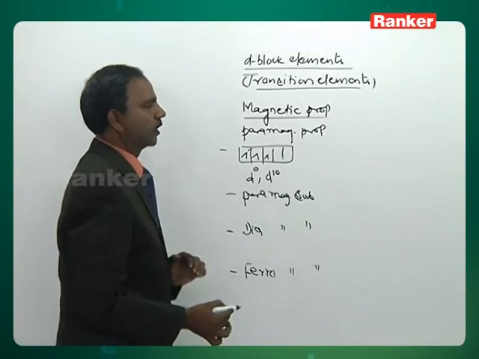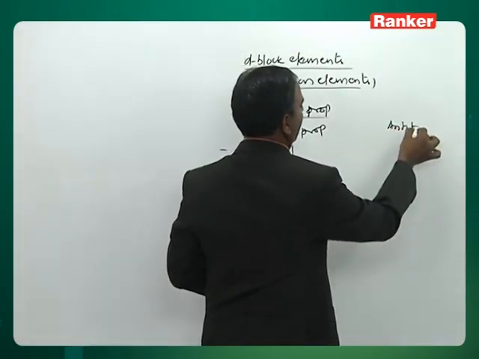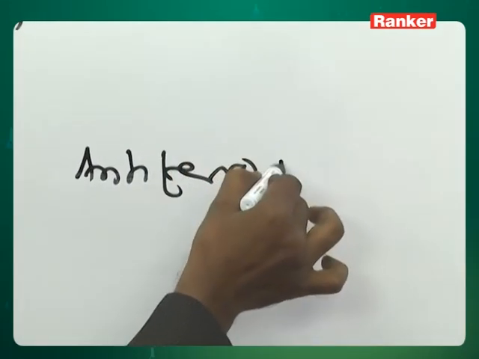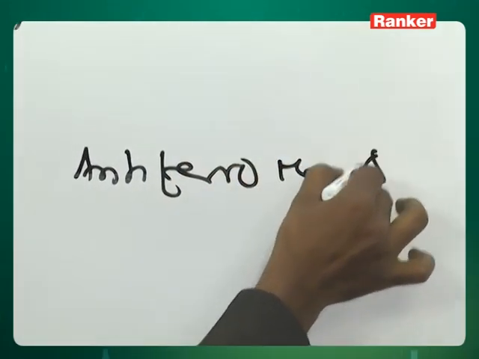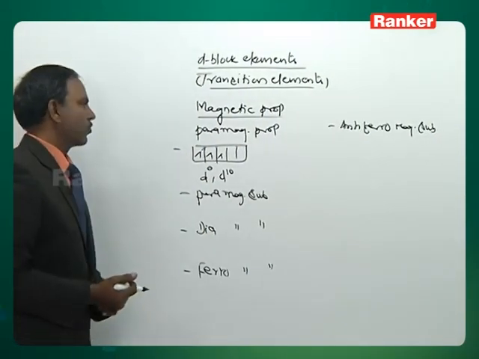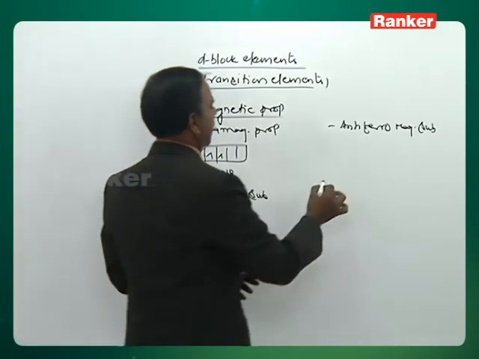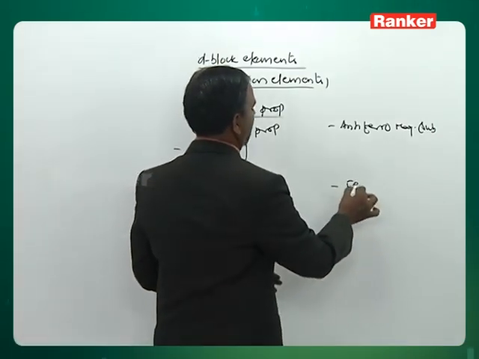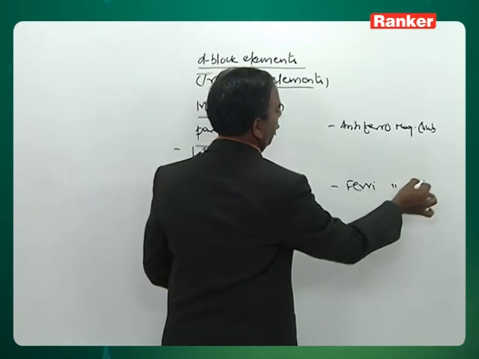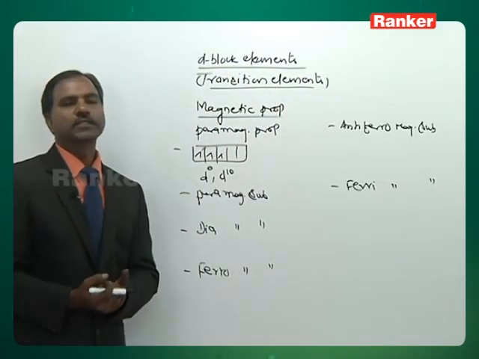And next one, antiferromagnetic substance. And one more substance we come across, ferrimagnetic substance. Like this, different magnetic substances are there.